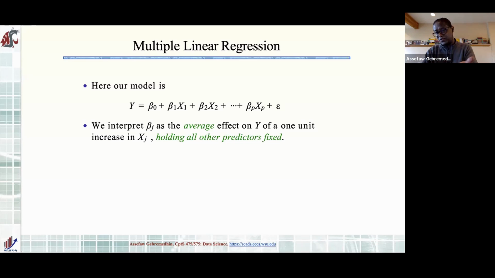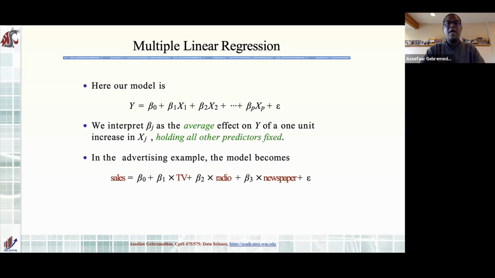So the values would be different. They are in the presence of the others too, but the others are held fixed is how we would mean. That is what this multiple linear regression model would mean, okay? So I've spoken ahead of myself, and here is how this would look when we look at our example on advertisements.